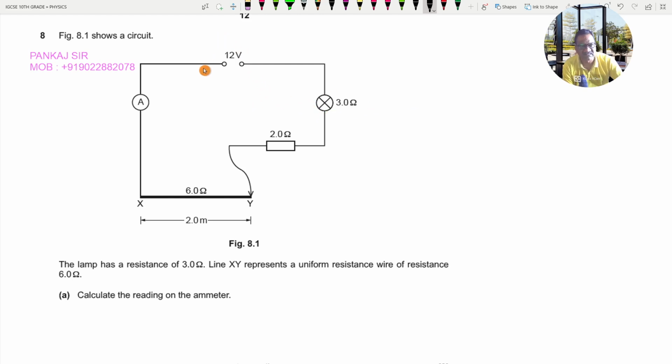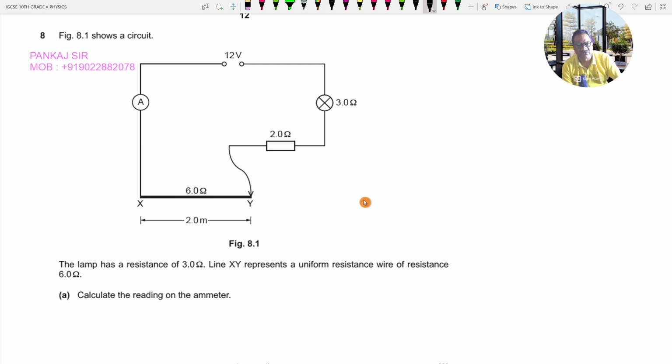Now, as you can see, the supply voltage here is 12 volt, and there's a 3 ohm resistance over here, a 2 ohm resistance over here, and this XY wire has a uniform resistance of another 6 ohms, right? So in fact there are three resistances, 3 ohm, 2 ohm, and another 6 ohm. All these three are connected in series.